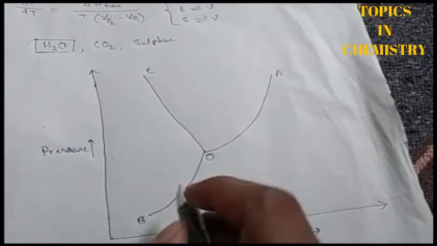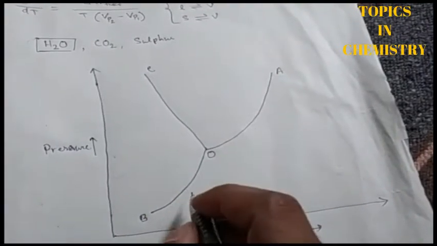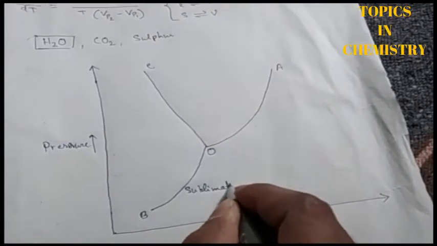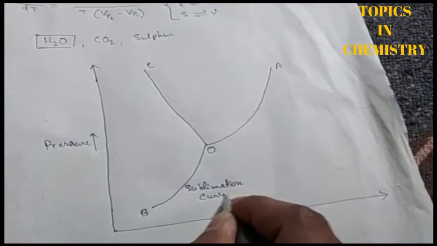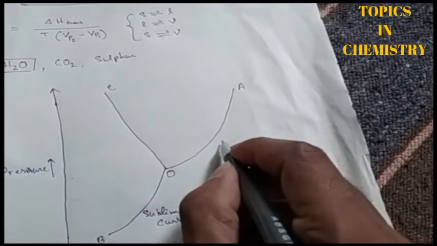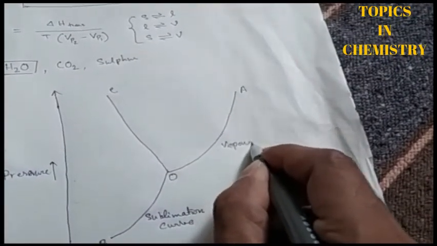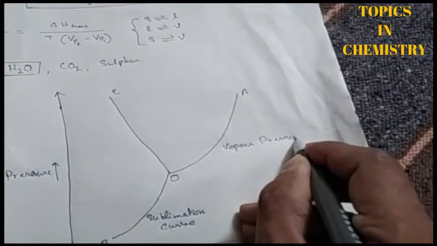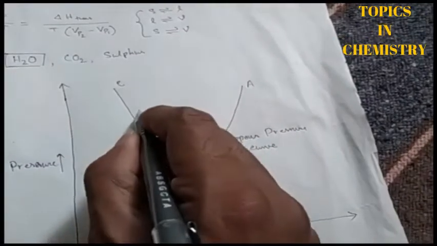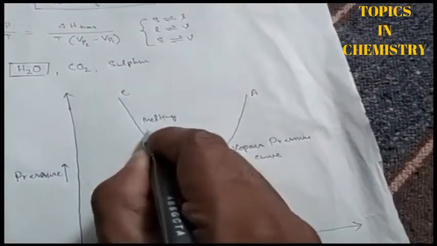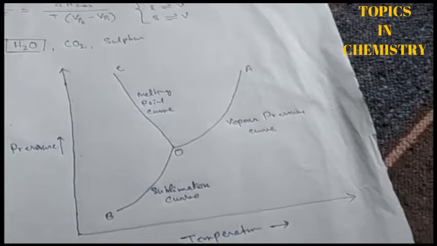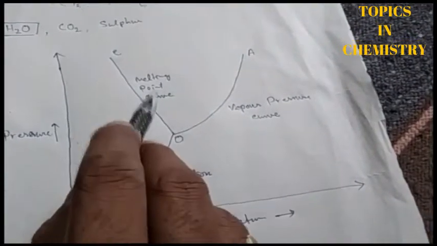This curve is called the sublimation curve, this curve is called the vapor pressure curve, and this curve is called the melting point curve. So three important curves: vapor pressure curve, sublimation curve, and melting point curve.